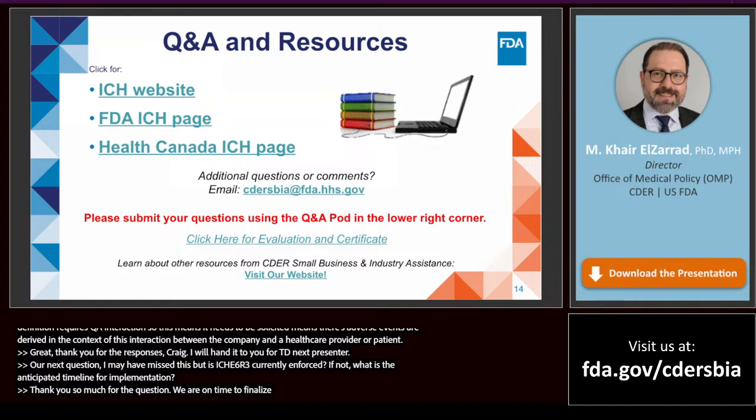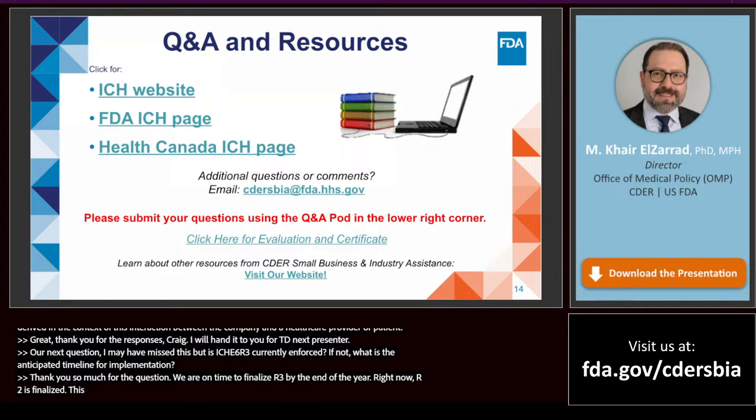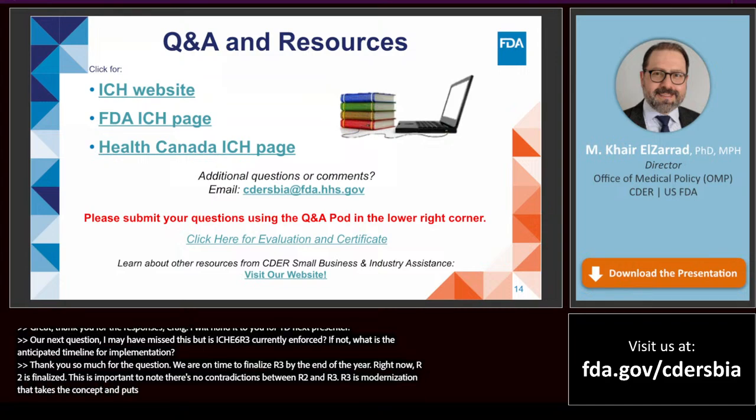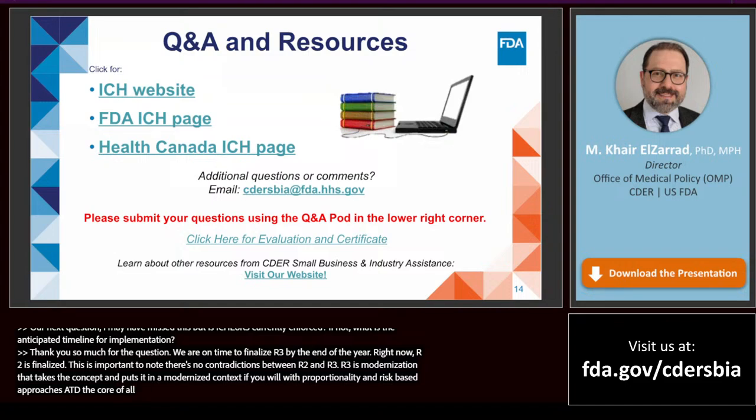Right now, R2 is finalized, and it's important to note that there are no contradictions between R2 and R3. R3, we've seen it as more of a modernization step that took the concepts in R2 and put them in a more modernized context, with proportionality and risk-based approaches at the core of all of that. I hope that's helpful.